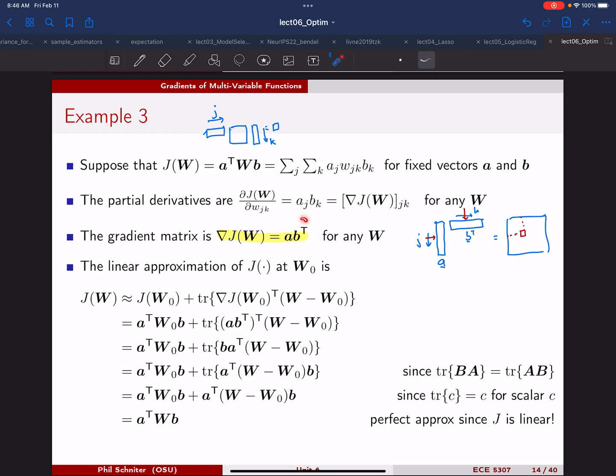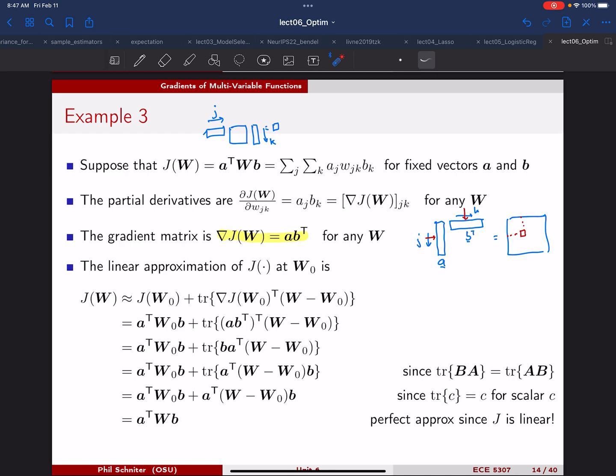The gradient is AB transposed, so we have that thing transposed times this difference. The first simplification is we can distribute the transpose. So if I want to transpose a product of two things, I swap their order and I transpose them individually. So we get this. And then for this term, we just evaluate this with W naught.